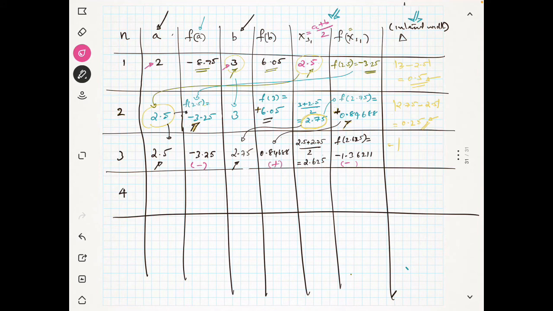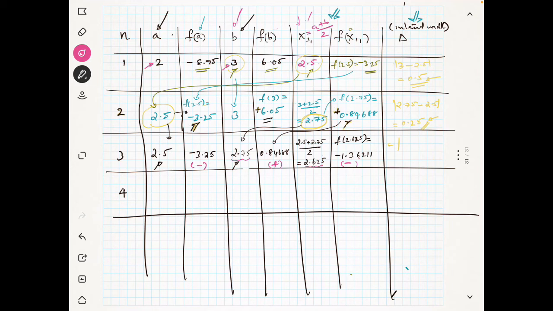So the solution is between b and x's. You see the solution is now between b and x's, because f of b is positive, and f of x's is negative.